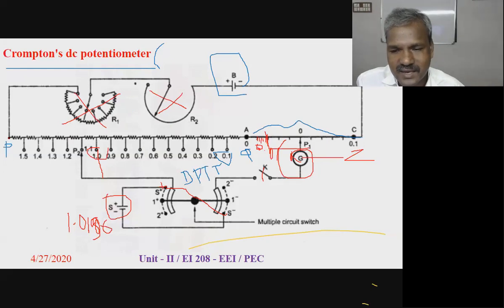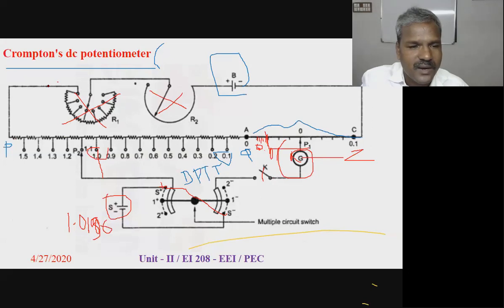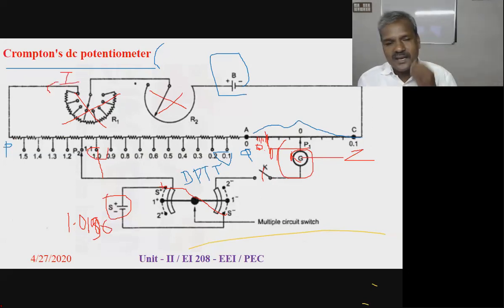The current we generated is uniform. So by adjusting these two, by placing the positions P1, P2, we are maintaining a constant current I. Understand or not? So once you standardize this Crompton's DC potentiometer, we should not disturb the R1 and R2.